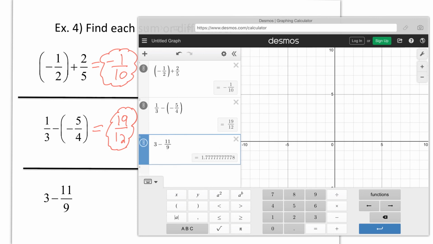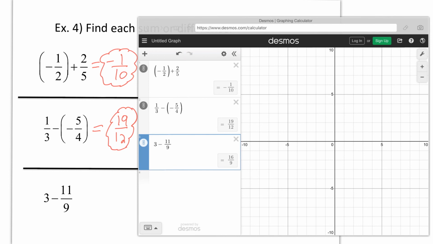So you can delete, you can go back, you can move the cursor. There's the decimal, but my fraction form is 16/9. Once again, what the calculator does is it makes the 3 into a fraction. It finds the lowest common denominator, and then it subtracts the fractions.